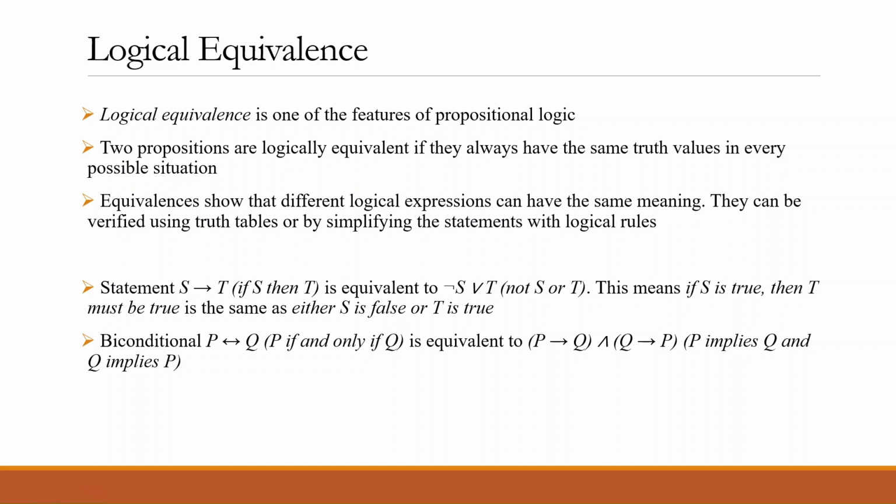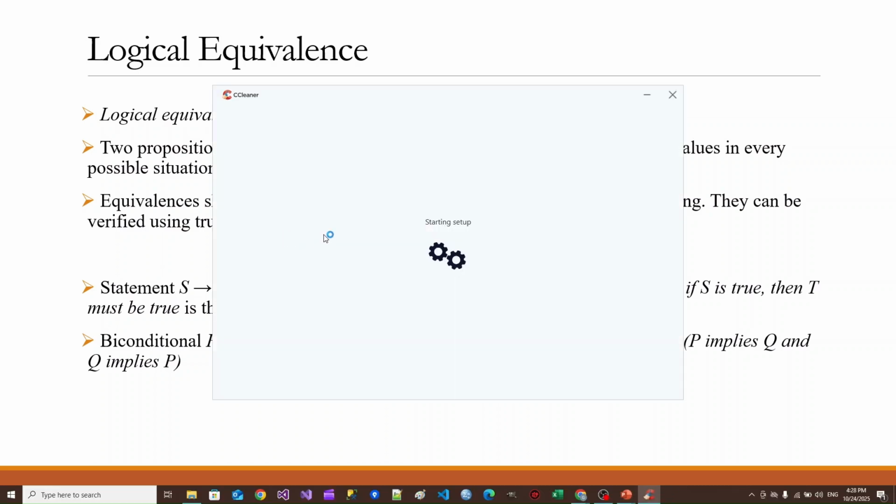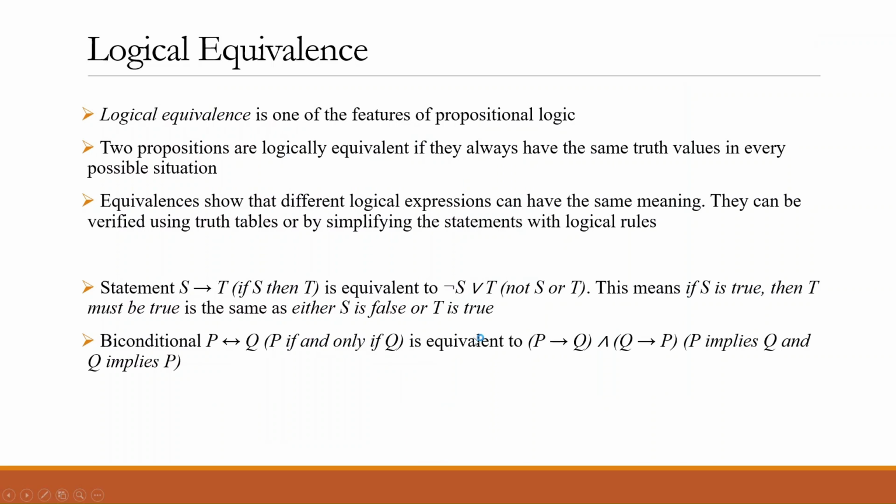Logical equivalence is one of the features of propositional logic. Two propositions are logically equivalent if they always have the same truth values in every possible situation. Equivalence shows that different logical expressions can have the same meaning. They can be verified using truth values or by simplifying the statements with logical rules.